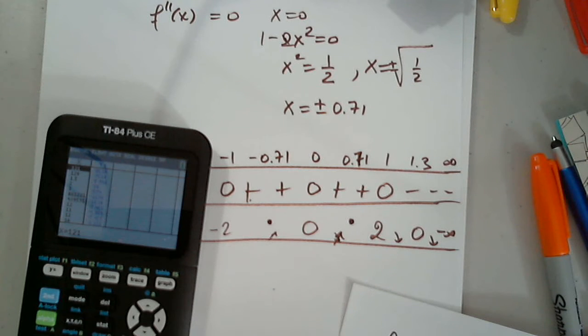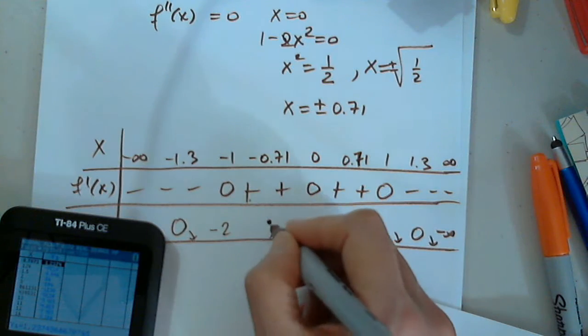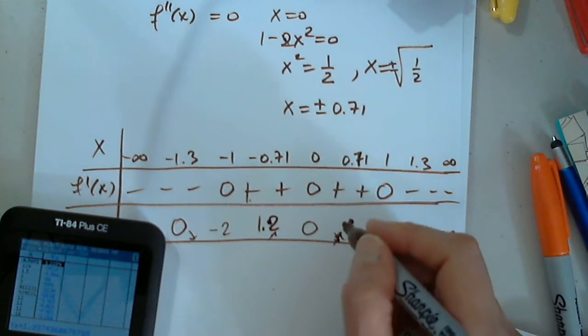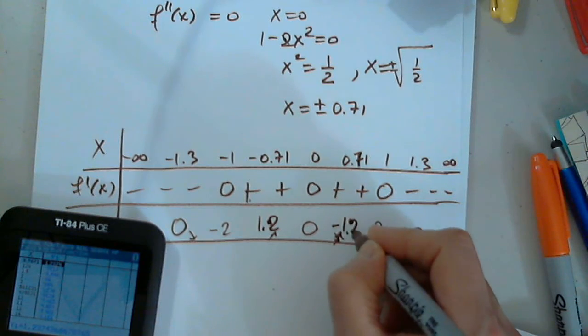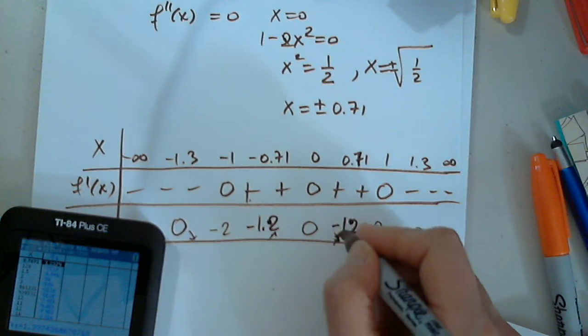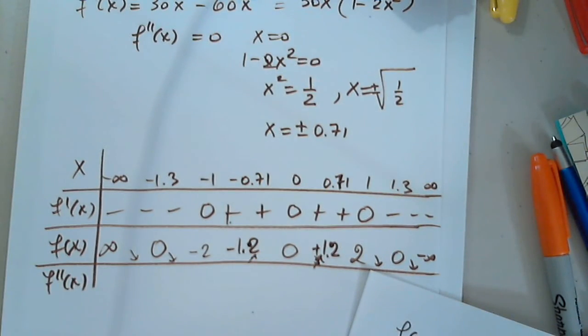I want the square root of 0.5. And I got 1.2. And the other one, the function is odd, so the other one will be negative 1.2. This one will be negative, this one will be positive, because I plugged in the positive one. Okay.